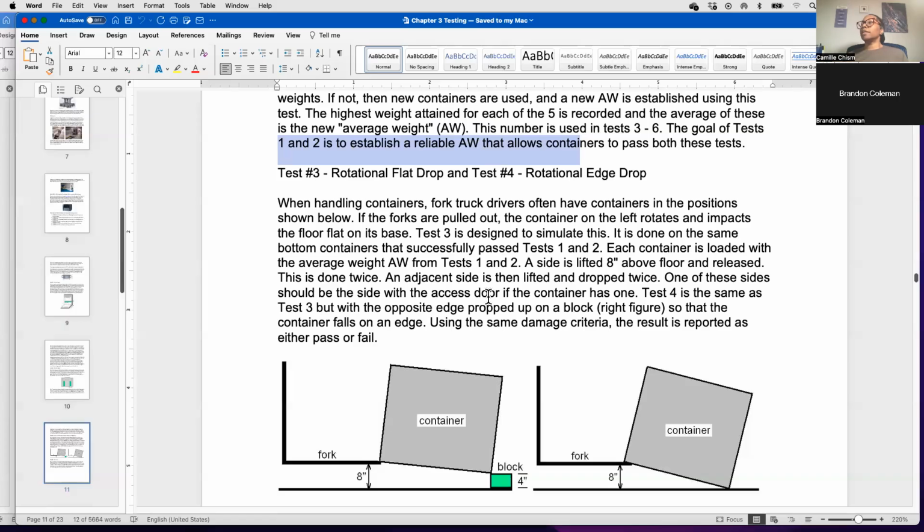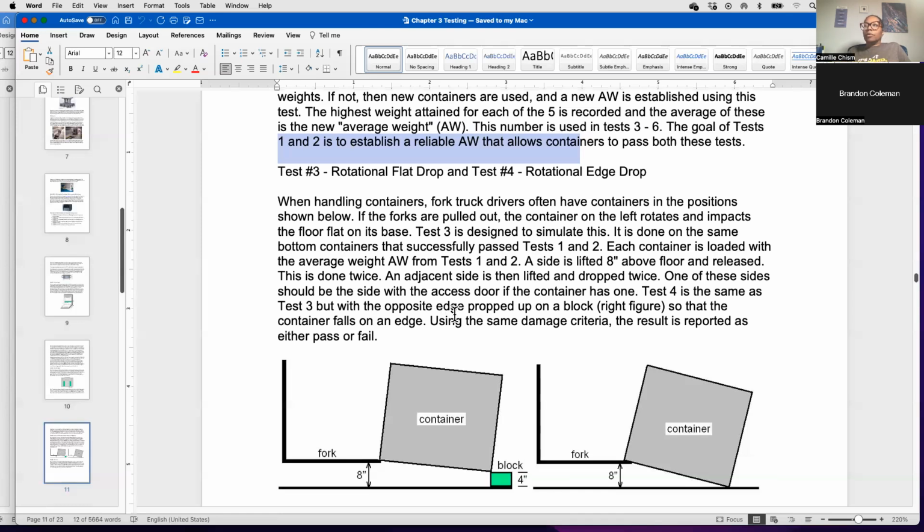So this simulates that. You're going to use those same containers. One side gets lifted 8 inches, which is about what you would expect a fork truck to lift a bin like that. And then they pull out the forks and let it drop.